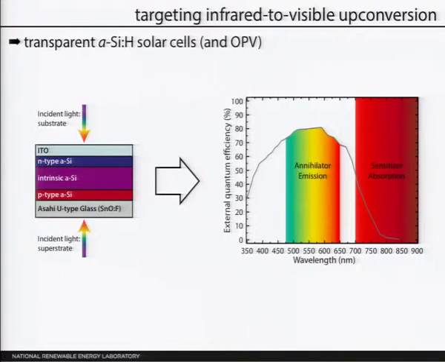And if we look at the external quantum efficiency of an amorphous silicon device, we can see that our sensitizer absorption needs to span from about 700 to as far into the infrared as is possible, and that the emission should peak somewhere in the 550 nanometer regime, which is right where rubrene emits, so that's why it's been our favorite acceptor molecule.